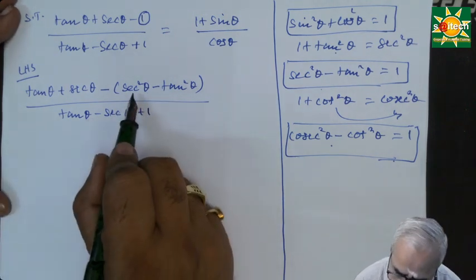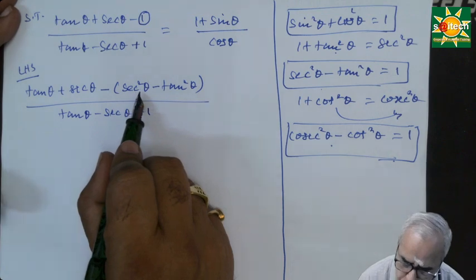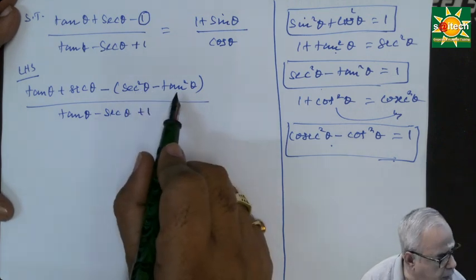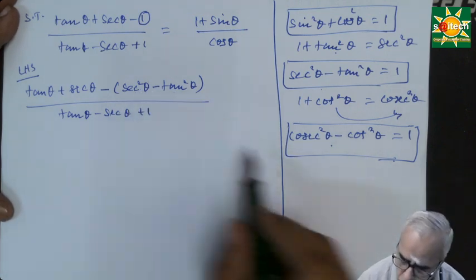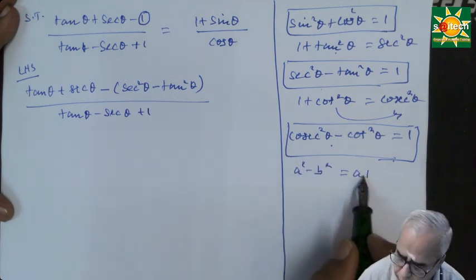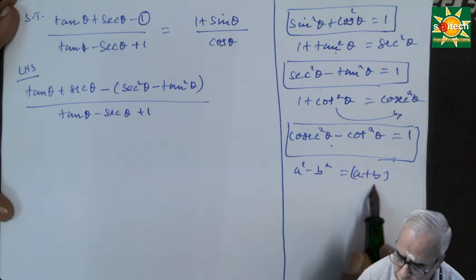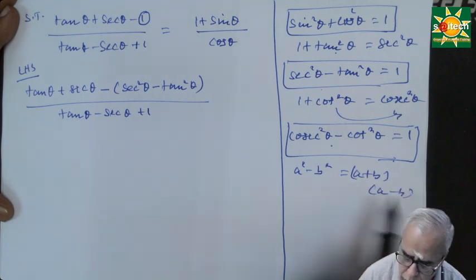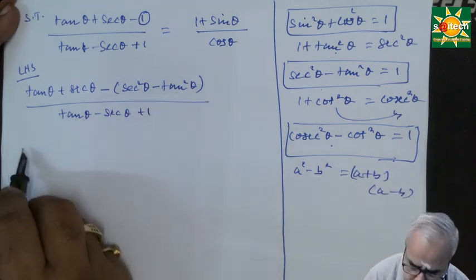Now you just look at it. This is almost in the algebraic identity formula, a squared minus b squared. So we know a squared minus b squared is equal to (a plus b) into (a minus b). So we can work out the same formula here.